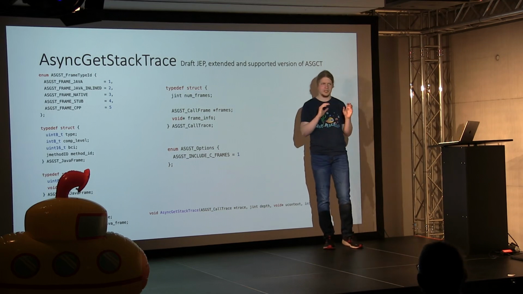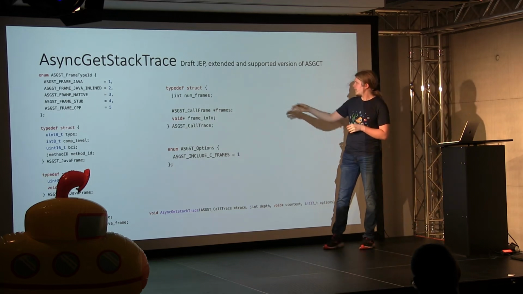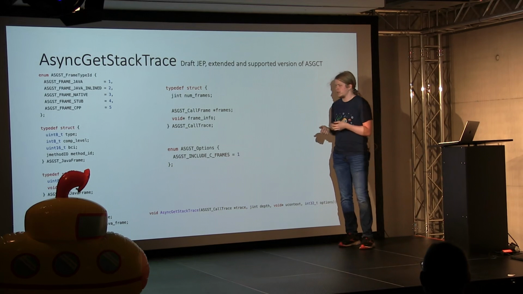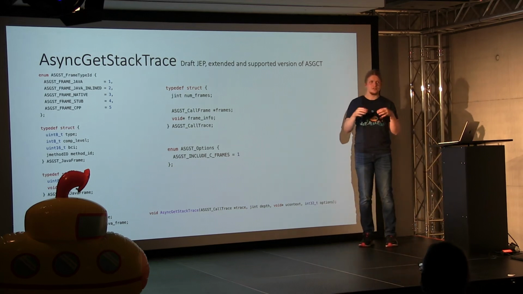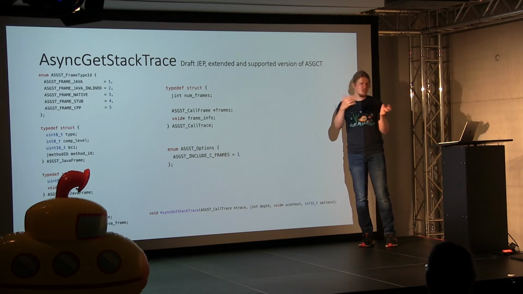You can view it on the homepage of the JDK, and it's an extended and supported version of AsyncGetCallTrace. For one, it should be supported. You should have a header that you can link to, which is cool, because you don't have to do some dlsym magic.